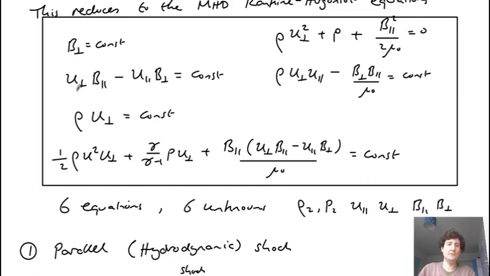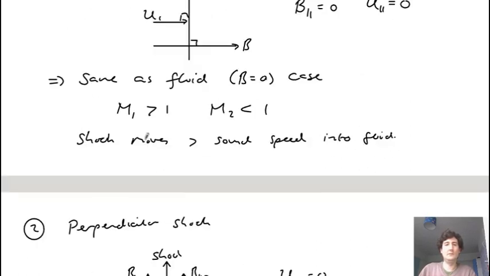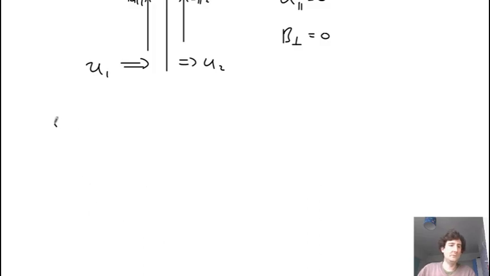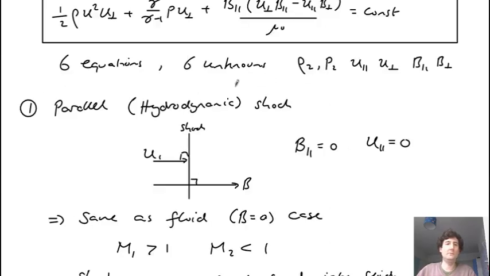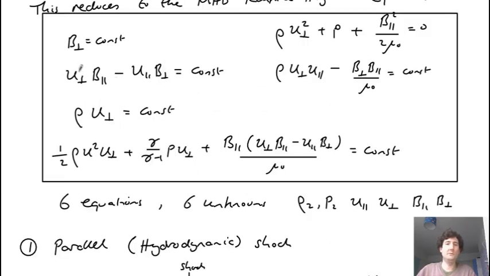And this is analogous to this one. So here we have rho times U perpendicular is constant. And so essentially the B parallel and rho work in the same way. So for example, rho U perpendicular is constant, implies that rho 2 over rho 1 is equal to U1 over U2. In the same way, if B perpendicular is 0, we have that U perpendicular B parallel is equal to a constant.